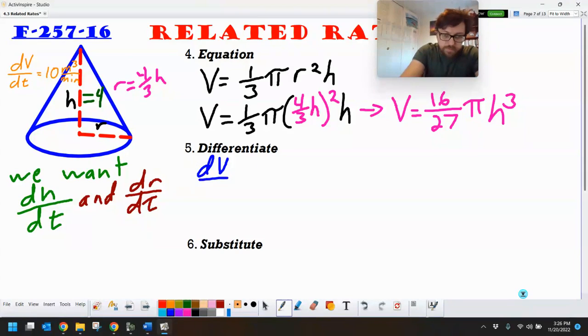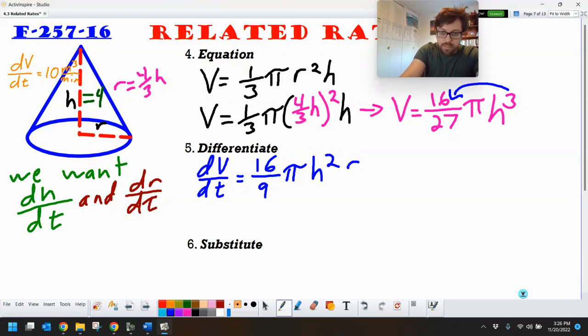Okay, so I want to find this thing's derivative with respect to t. So that's dV over dt equals, we're going to drop this 3 in front, and that'll mix with that 27 and cancel. So we'll get 16/9 pi h squared dh over dt using implicit differentiation.